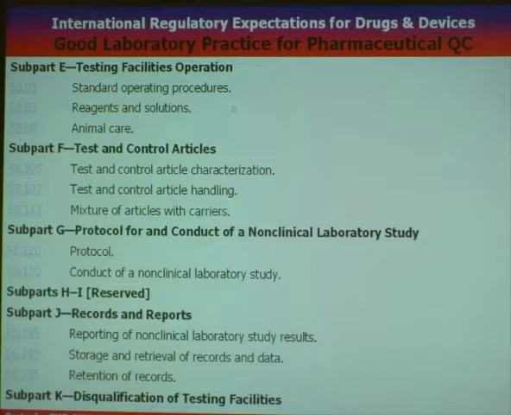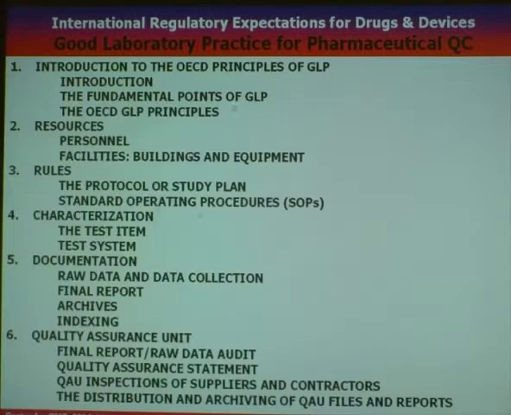Whereas in the case of GMP, it relates to salvage, here it is a very important issue of disqualification of testing facilities that includes discreditation of the personnel associated with the study in the event of wrongdoing or outright fraud. The OECD GLP is organized slightly differently.